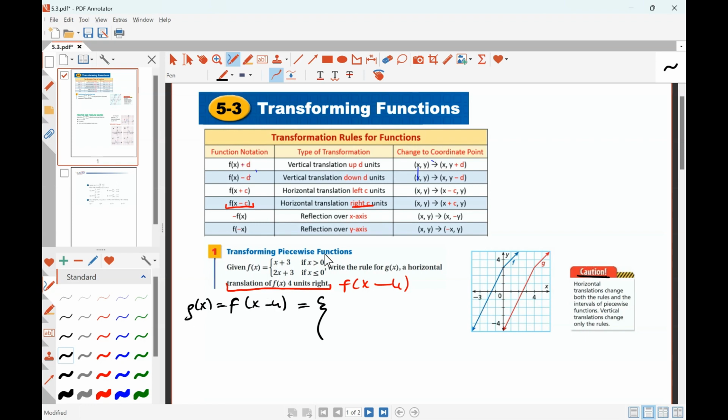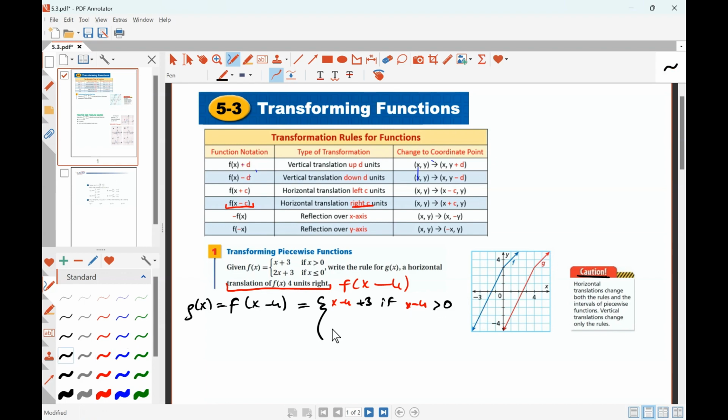Let's replace every x in the function by x minus 4. So x minus 4 plus 3 if x becomes x minus 4 is greater than 0.